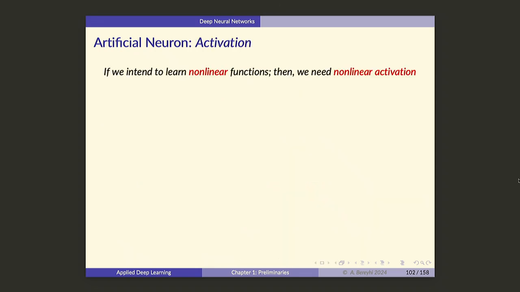But if you really want to have a neural network, then you need to have neurons which have nonlinear activation functions. So in assignment 1, you're going to see that if you just replace this with a linear function, it basically means that you're doing nothing. Yeah? So if you just put lots of neurons, all of them with linear activation, it means that you are cascading lots of linear models.